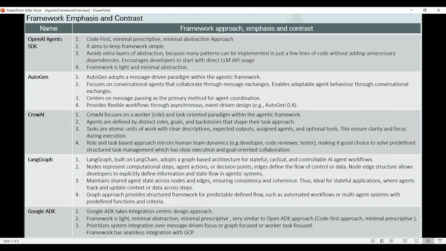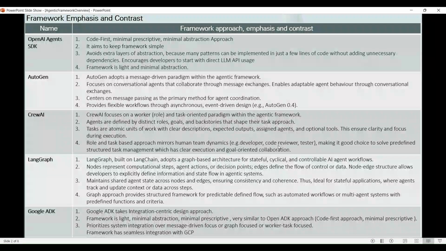The goal is to understand which framework is best suited for a given type of problem or situation. While many problems can be addressed by multiple frameworks, our focus will be on appreciating the distinct approach each one takes.